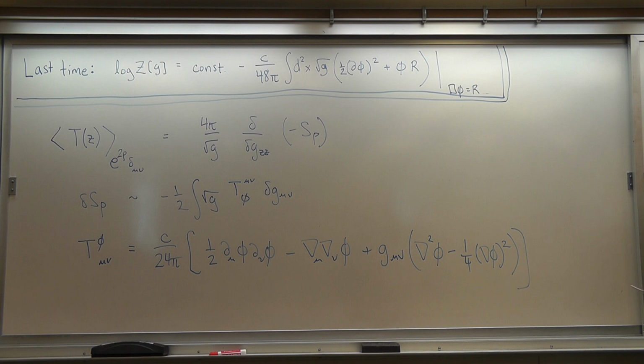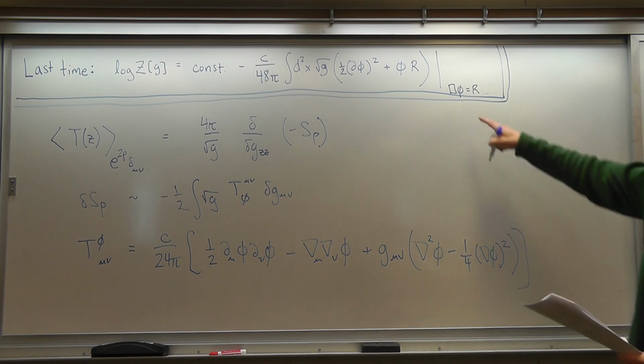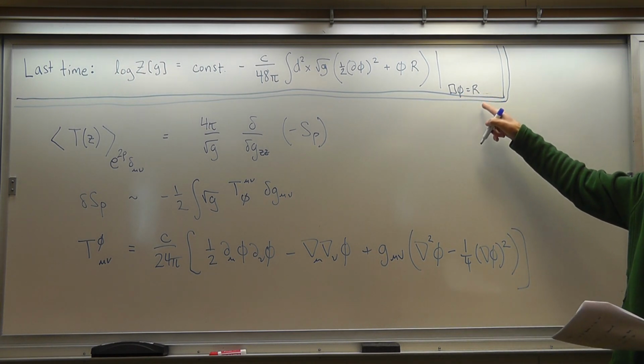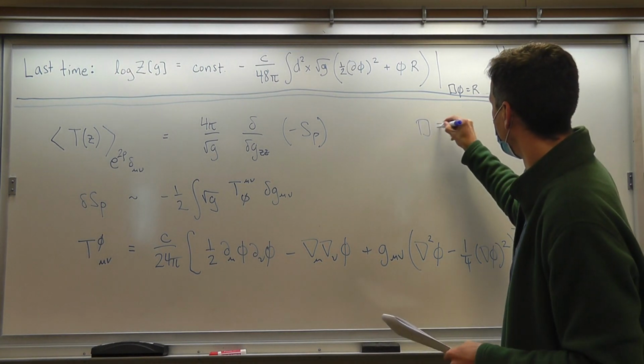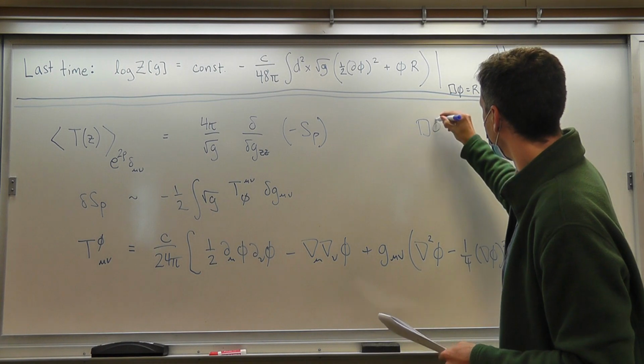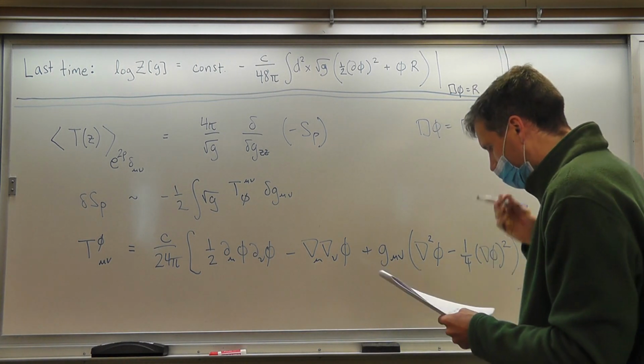Now we're supposed to set box phi equal to R. So box phi is equal to R.